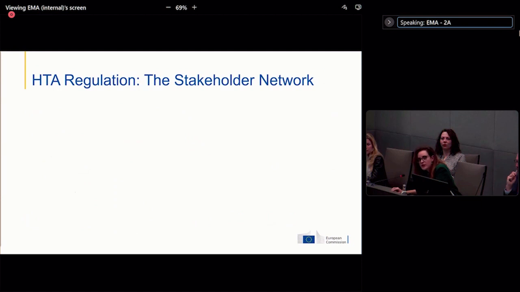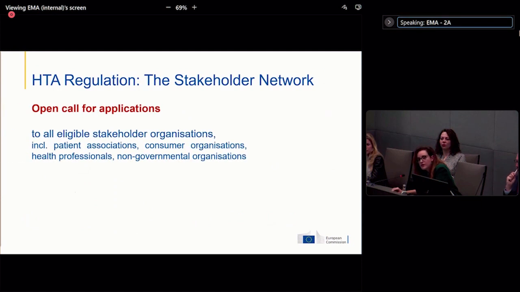And the second aspect that I wanted to focus on is the stakeholder network, because the Commission will launch an open call for applications by the end of this year to set up the stakeholder network. You have a lot in the regulation on this. We have an article 29 that details quite a few aspects.